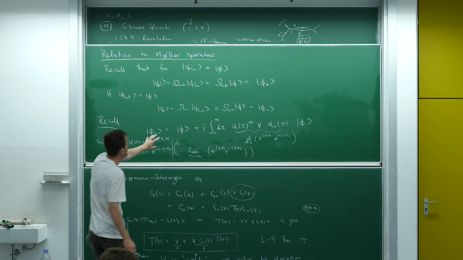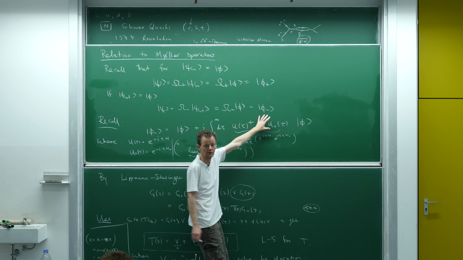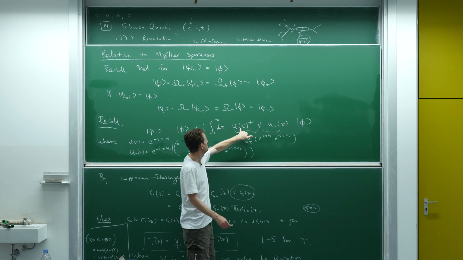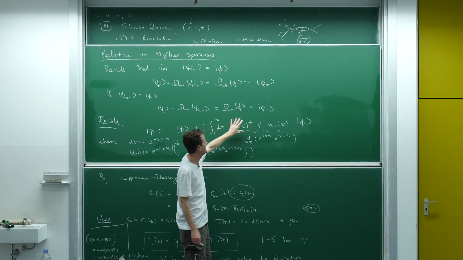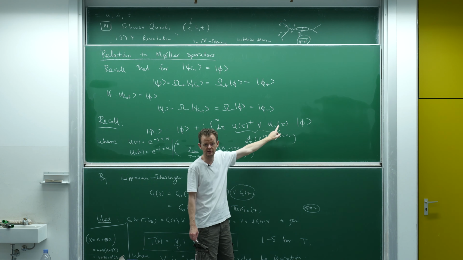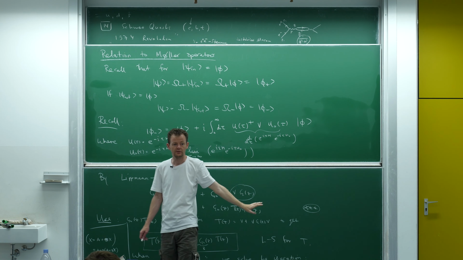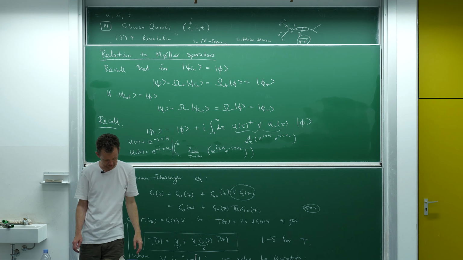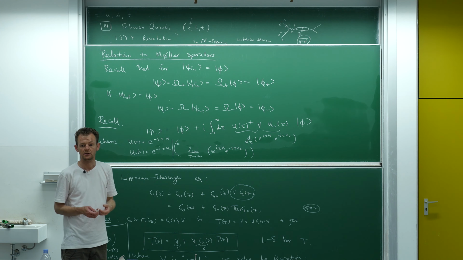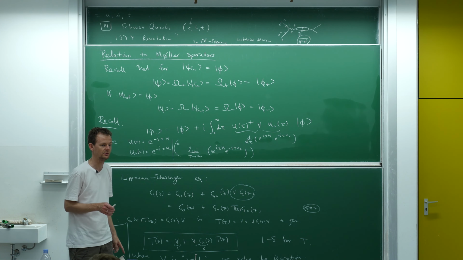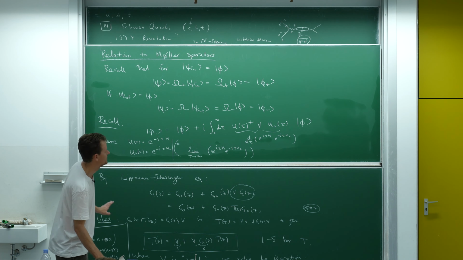But this thing here, this is very, very suggestive. So U of t integrated to infinity, and a V and a U naught of t. Now it's not at all obvious, but once you have some practice at these kind of things, whenever you see integrals of propagators, you should start to think Green's functions, because the integral of an exponential will turn out to give a Green's function in these settings.